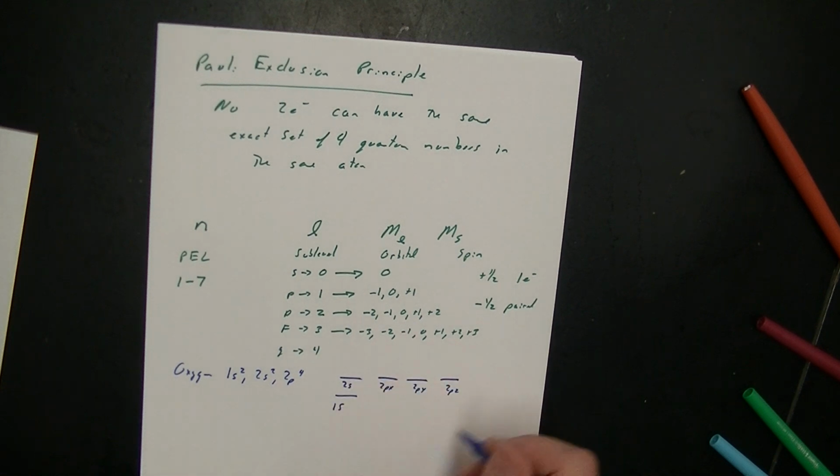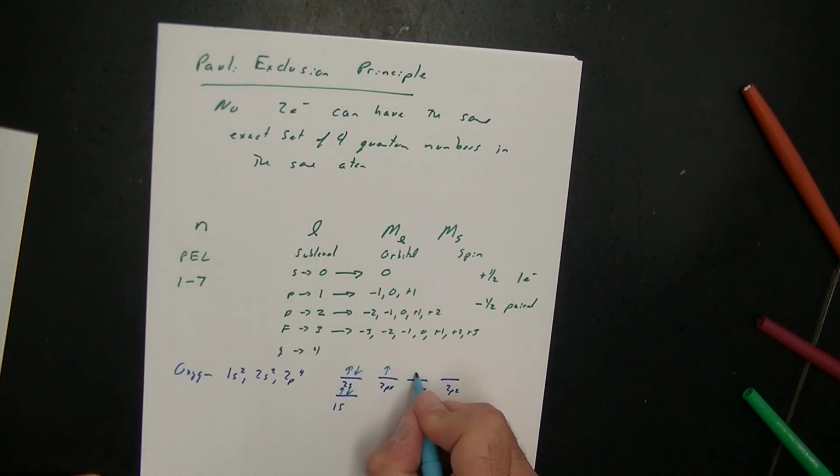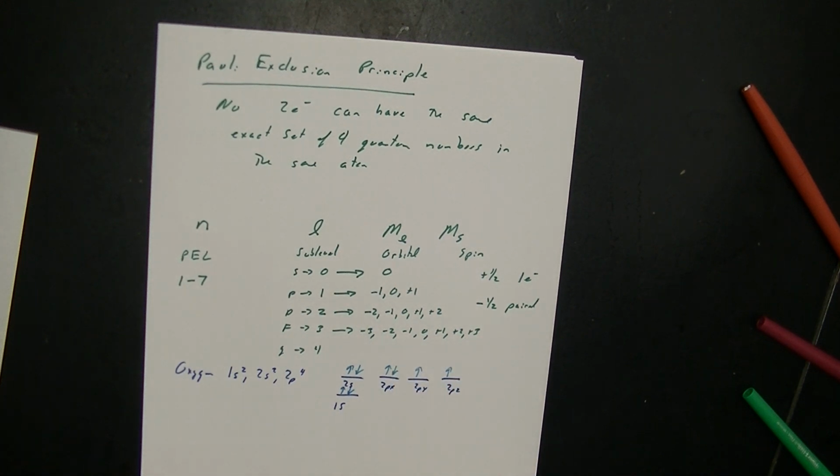So let's go ahead and fill in its orbital notation. Up, down, up, down, up, up, up, down.